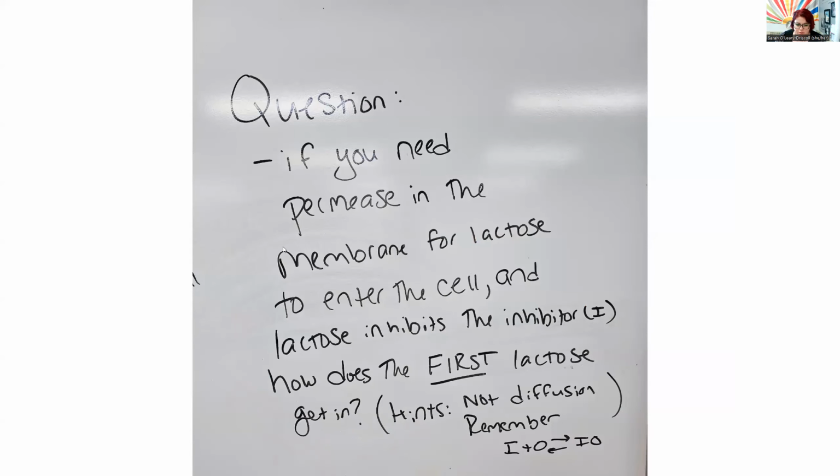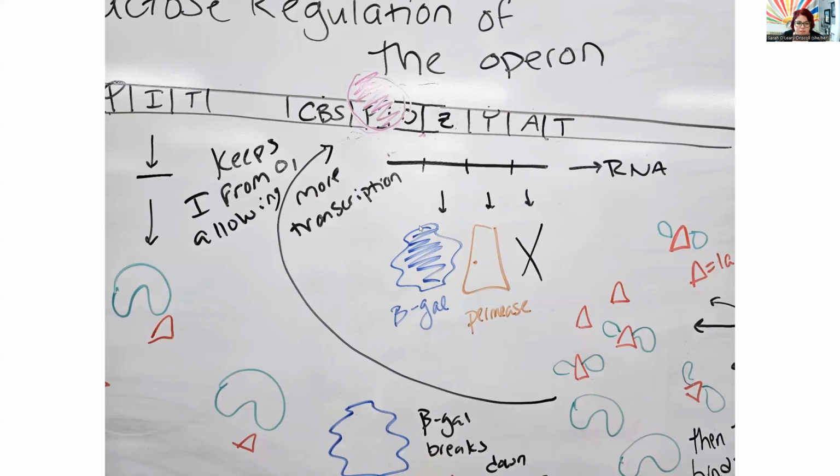So the cycle continues. We look back here. So this cycle will continue where you get lactose in, lactose prevents the repressor binding, more transcription, and that means more doors, which means more lactose can come in and make more transcripts and so forth. But remember that beta-gal is also breaking down lactose at the same time. So this cycle will basically continue on until the lactose is gone.